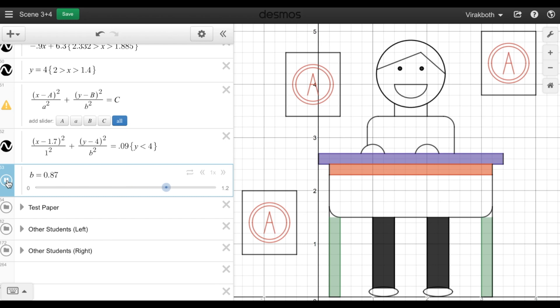Giving it a range of smaller or equal to 1.2 and bigger or equal to 0 stops the radius along the y-axis, or the character's mouth, from going past the face of the character.